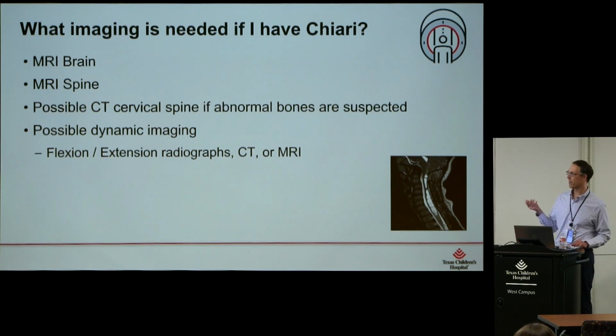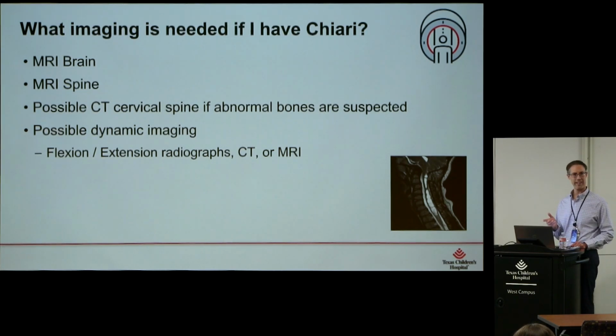And so we'll get a brain MRI, we'll do an MRI of the spine typically, possibly a CT of the neck if some of the bones are sort of congenitally fused together, which can happen sometimes in complex Chiari.